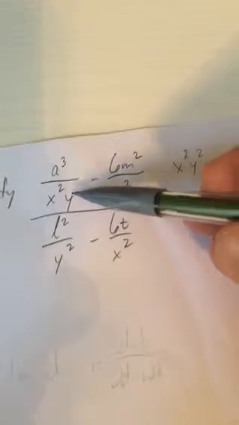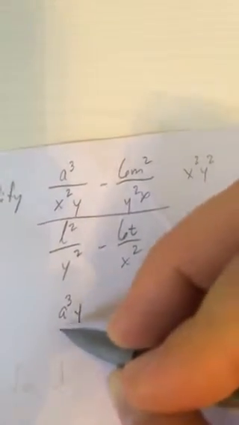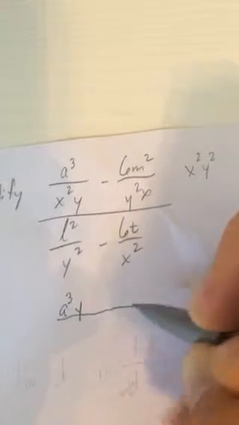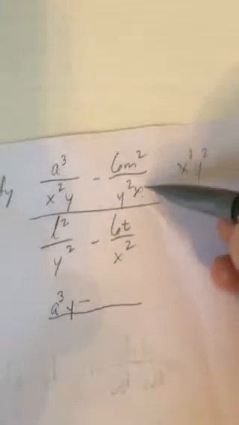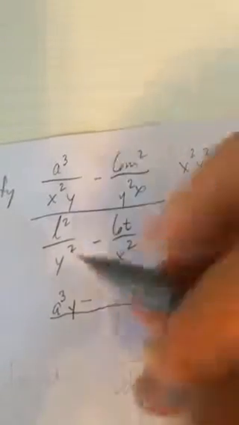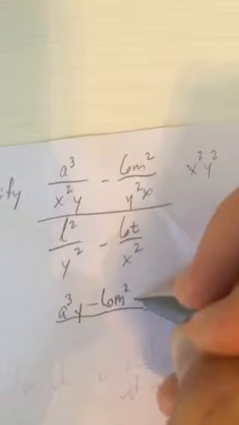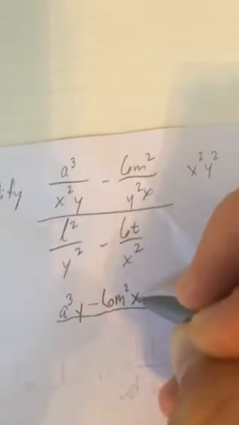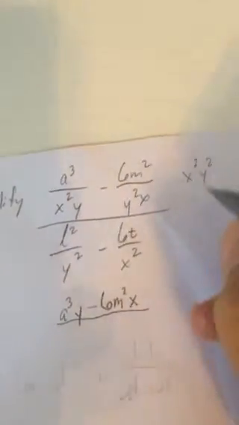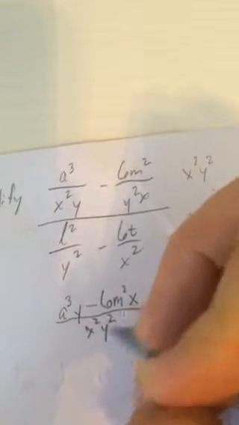This is missing a y, so this is now going to be a to the third y minus. And this one has y squared, but only one x, so it's missing an x. So up top here, we're going to have 6m squared x. And then my common denominator again was x squared y squared.